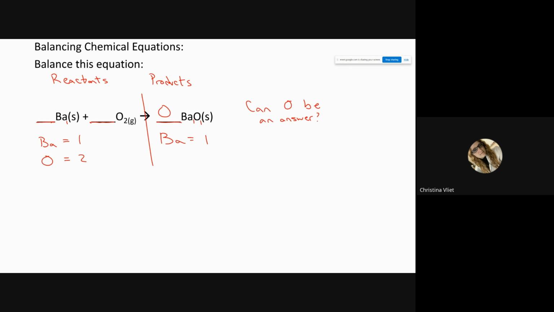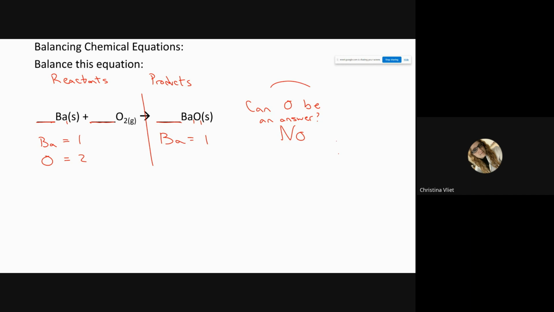It means we make things up, right? 0 cannot be an answer. Then nothing exists, right? That would be violating the law of conservation of mass. It's illegal. 0 equals 0, yes, but you're not saying what actually happened in this reaction in that case.